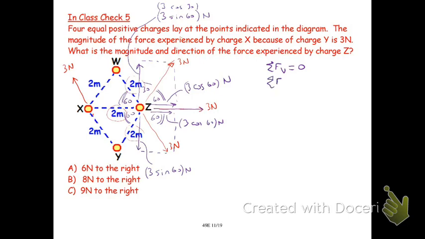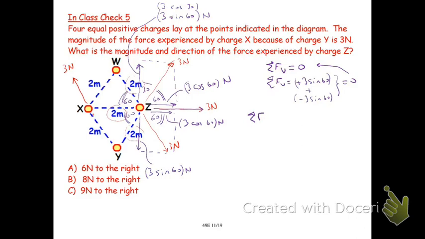Plus 3 sine 60 added to minus 3 sine 60, which equals 0. That's where that comes from.